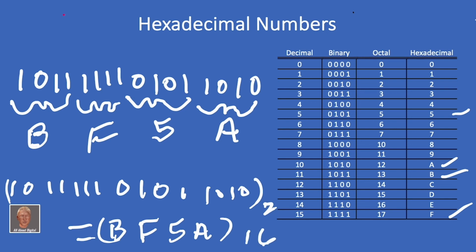So you can see why, rather than write everything out in binary, this is how it's stored inside the computer, inside of a register, or in memory, or wherever it's stored. It's stored as a binary number, always inside the computer. However, when you want to have a tabular representation, it's a lot less writing to write it down in hexadecimal. BF5A. It's much easier, base 16, than binary. And there's an easy direct conversion between the two.